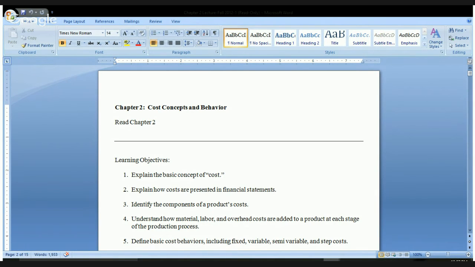Now, the next one down, if you look up here, it's $21,000 for indirect labor. So indirect labor is actually manufacturing overhead. So let's go ahead and just take care of that. When we're looking at the manufacturing overhead, we are going to have indirect labor. We're going to have the factory supervisors, that's indirect labor.